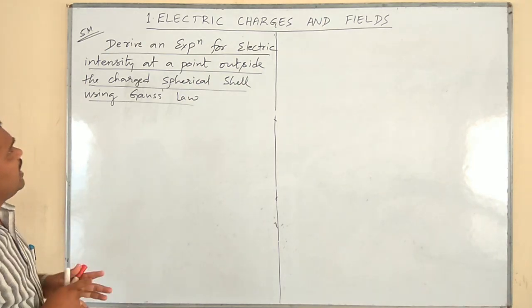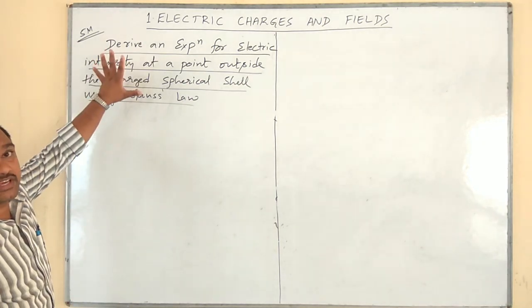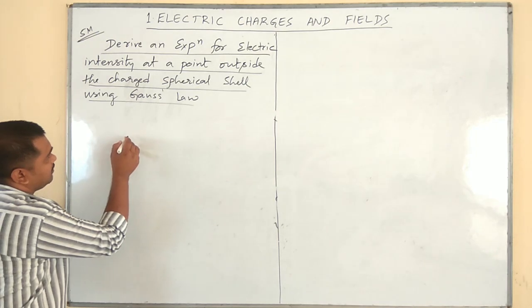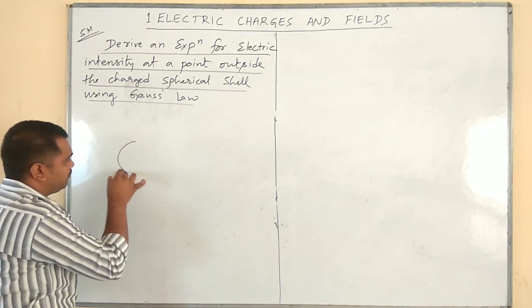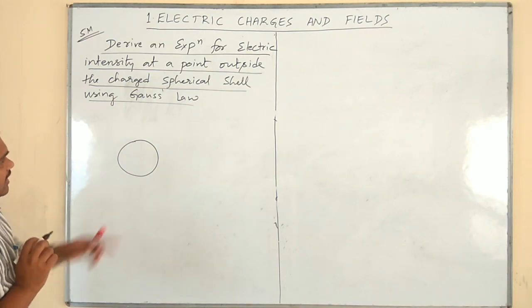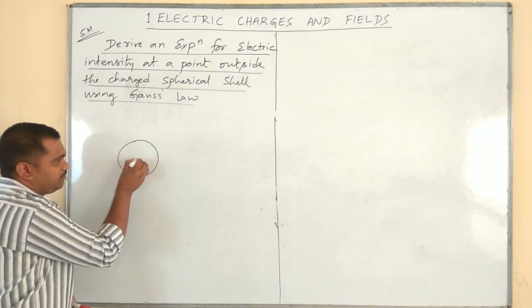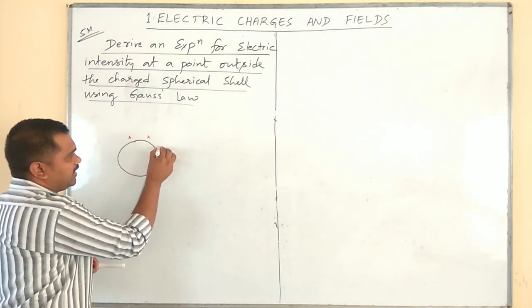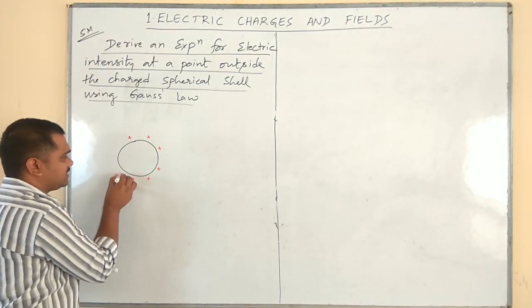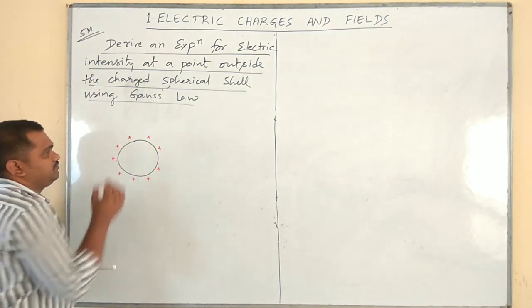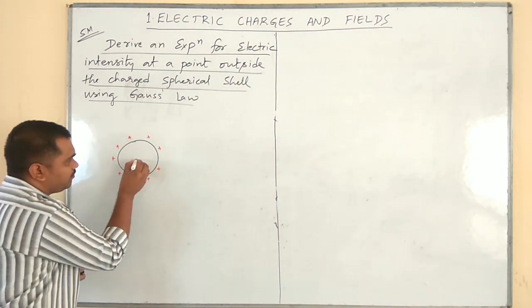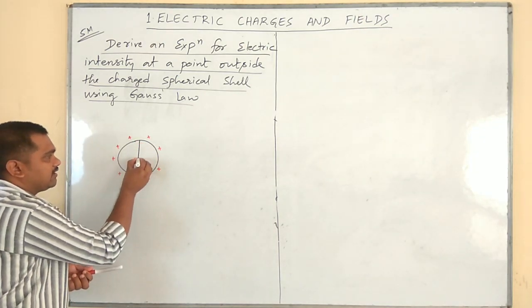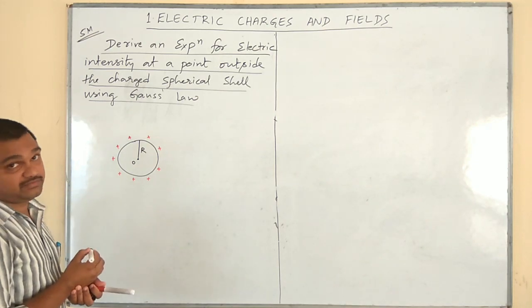As the name of the expression indicates, we have to consider a spherical shell. Shell means a hollow sphere. This is the shell on which the charges are uniformly distributed. I will take positive charges on it; you can also take negative charge. Let O be the center of this spherical shell, and let capital R be the radius of this shell.